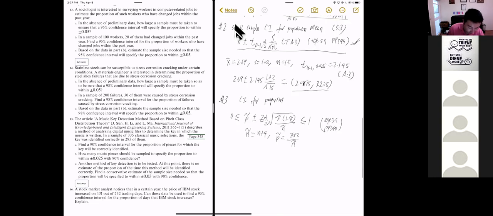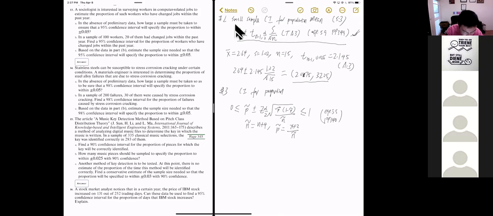In a sample of 335 classic music selections, the key was identified correctly in 293 of them. So 293 over 335 is the sample proportion. Part A asks for a 90% CI for the proportion of pieces for which the key will be correctly identified.